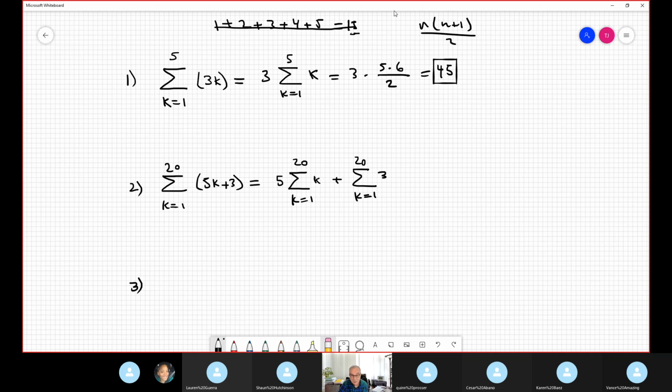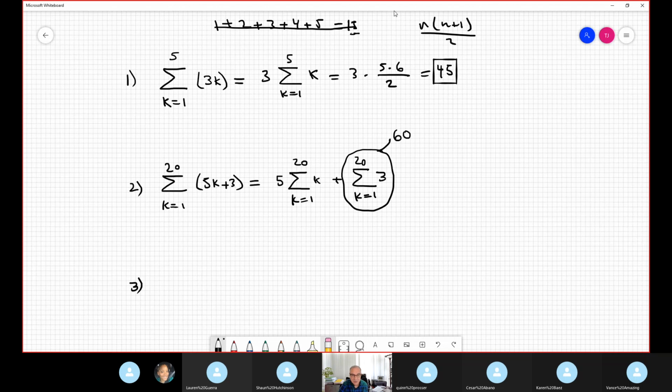So you put the 3 outside, you have 1 here, and you add 1 plus 1 twenty times, that's 20. But what is the shortcut we are using? I don't like this way. You multiply 3 times 20 is 60. The answer of this is 60.